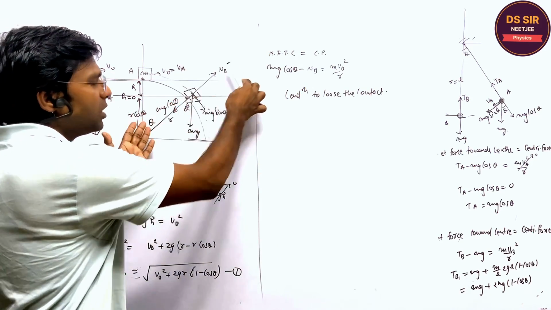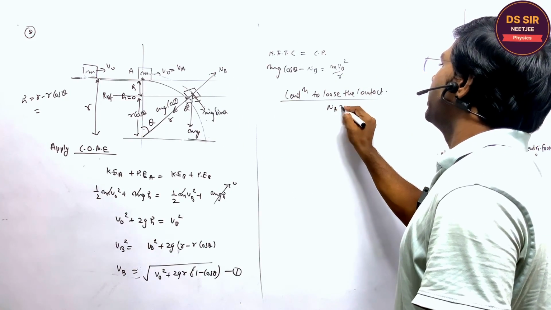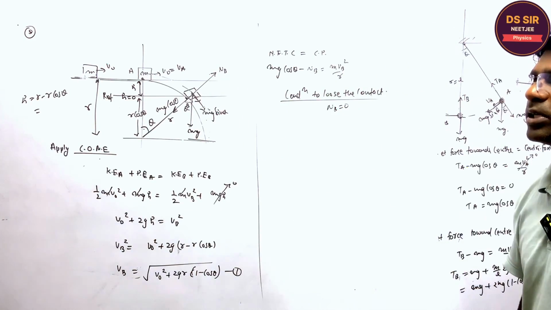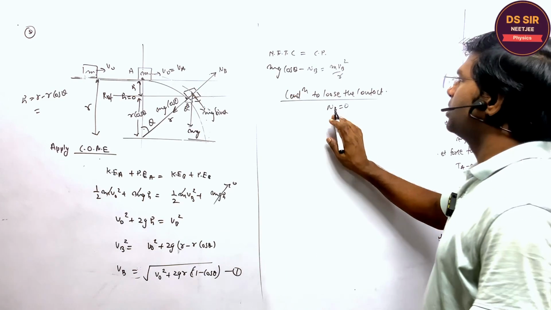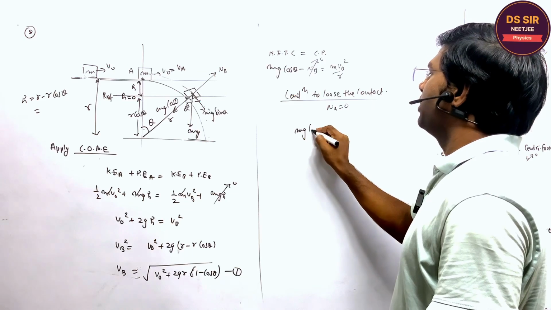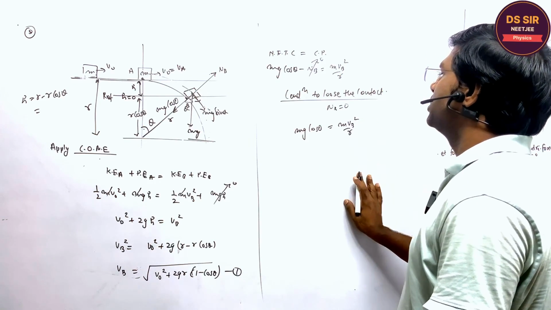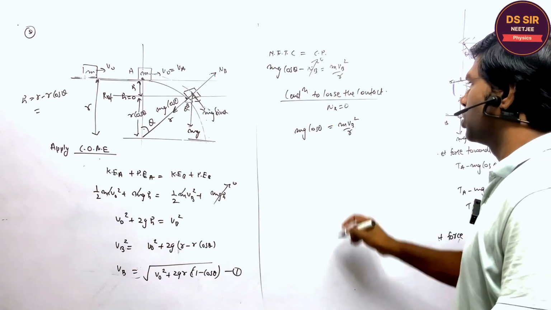If it is losing the contact, the condition to lose the contact means n becomes 0, the normal reaction becomes 0, right? So what is the condition? This normal reaction becomes 0. Therefore mg cos theta must be equal to mv square upon r. This is the condition to lose the contact.